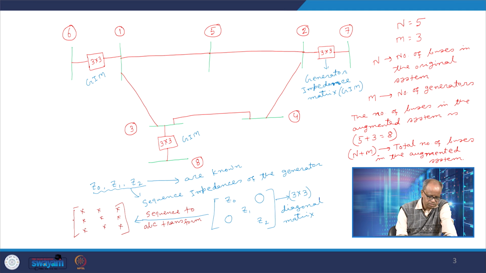So, this matrix is in ABC domain. This is our impedance matrix in the ABC domain, and then this is ABC.